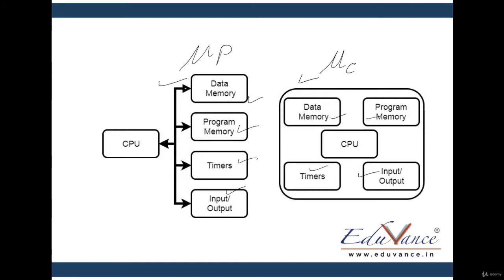Depending upon that, where do you use your CPU? If you have very data intensive jobs, then you need to go with a microprocessor. You have to process a lot of data, so you should go with a microprocessor.